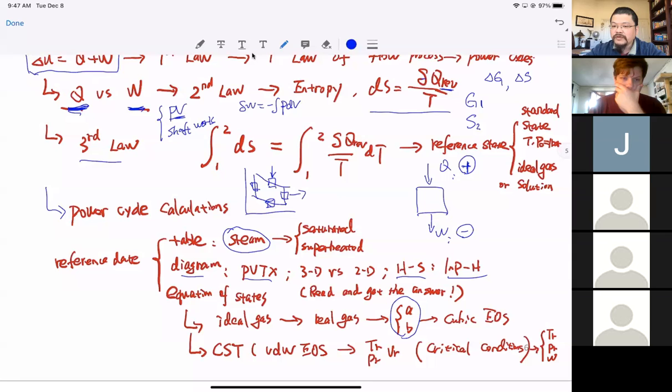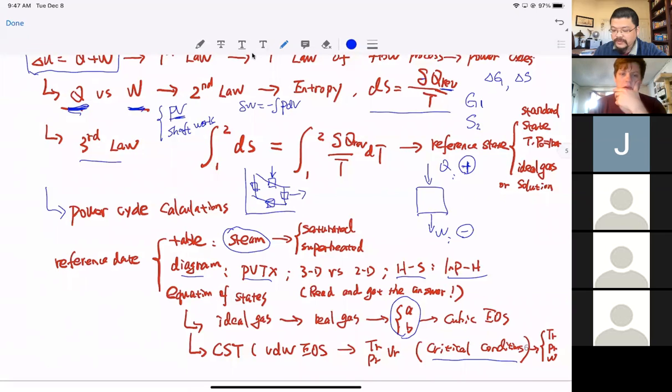And there, I hope you recall we also need to understand two different sets of values. The most important is the critical condition, right?